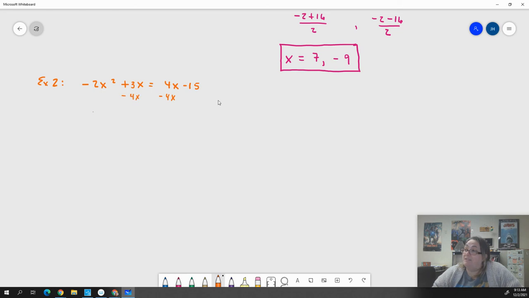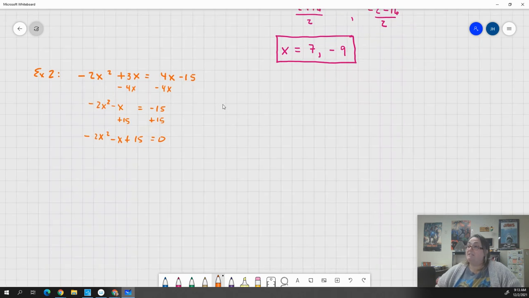Right? And this is going to give me minus 2x squared minus x equals negative 15. Still not set equal to 0, so I'm going to just add 15 to both sides. And I get minus 2x squared minus x plus 15 equals 0.